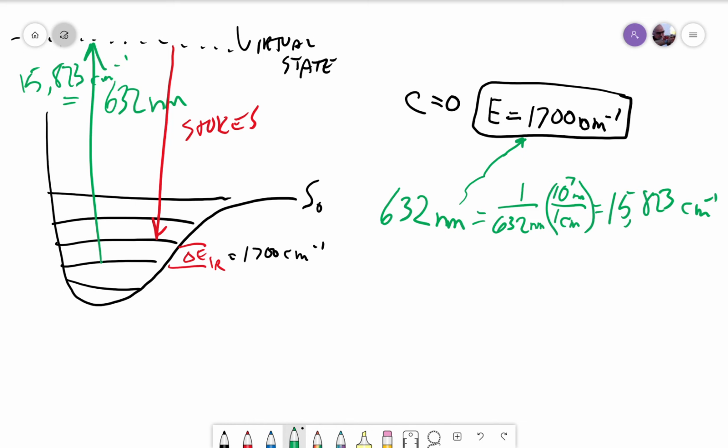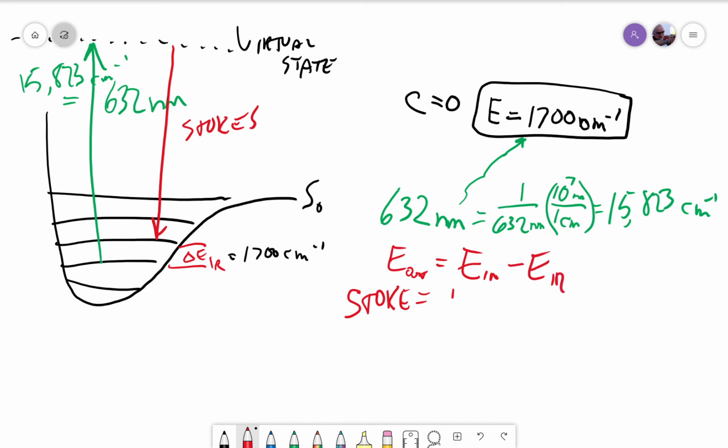So the energy of this photon is about 15,823 reciprocal centimeters. If we're talking about the Stokes emission, the energy out is going to be equal to the energy in minus the energy of the IR.